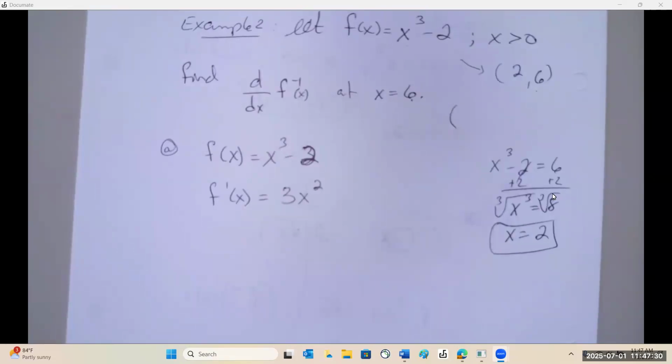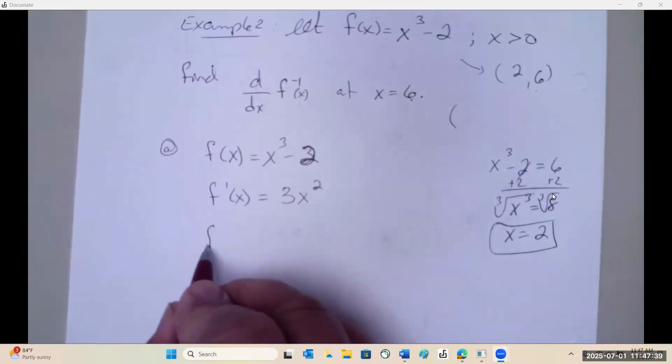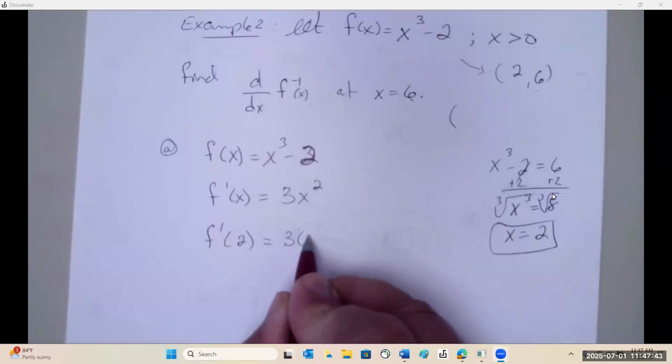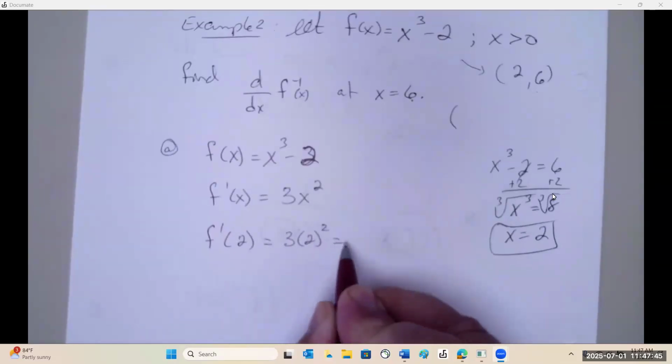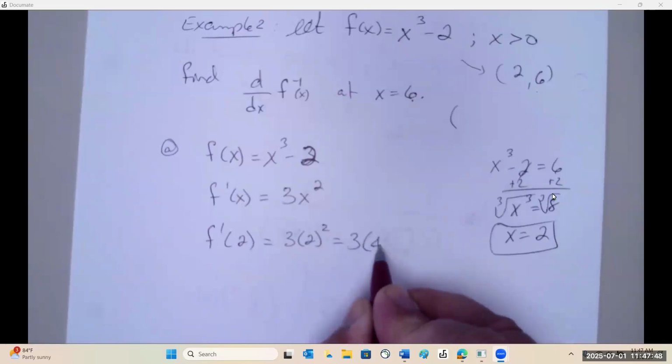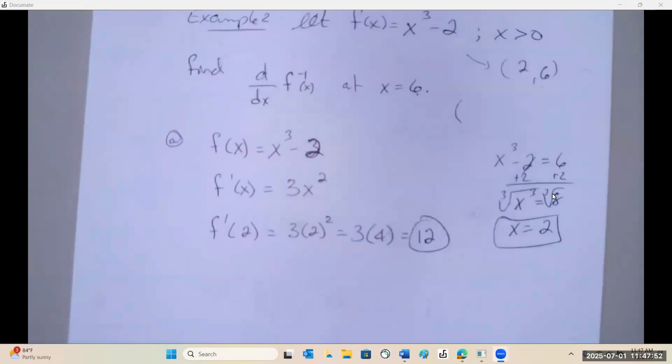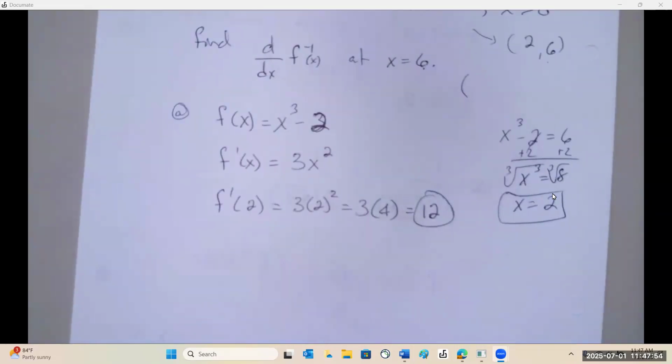So we have to first find our x value, because if it gave us an x value for our inverse, we have to find out what made it 6. So let's look at our derivative. When x is 2, what is our first derivative? 12.